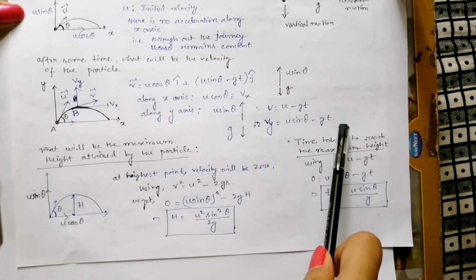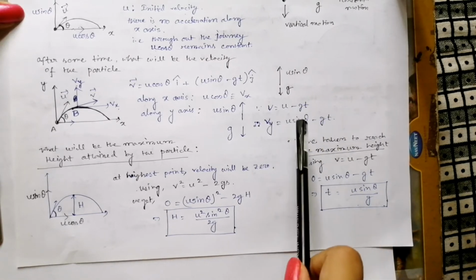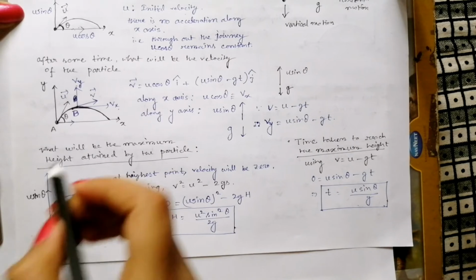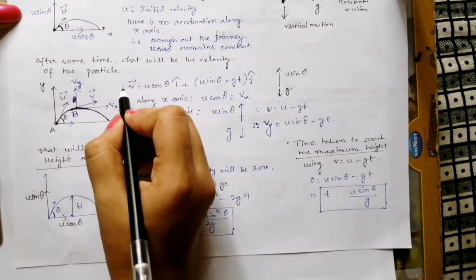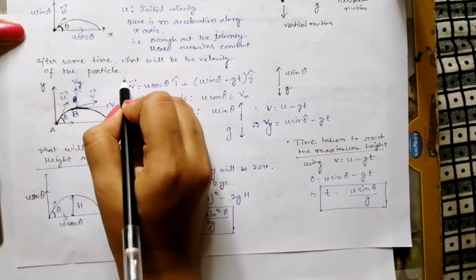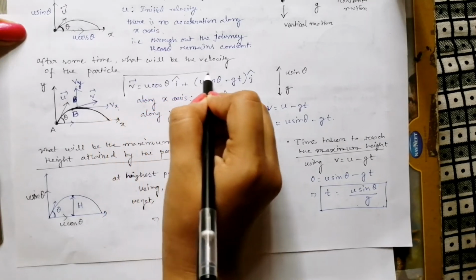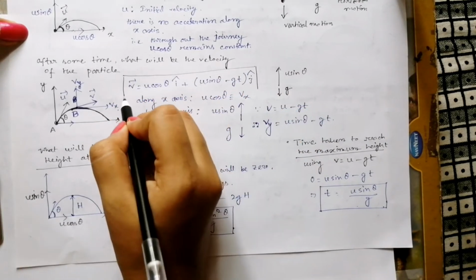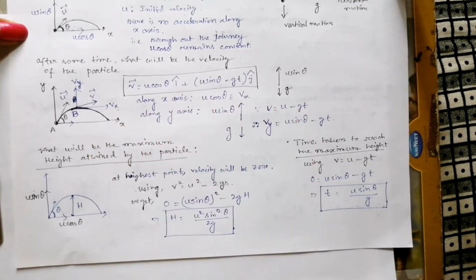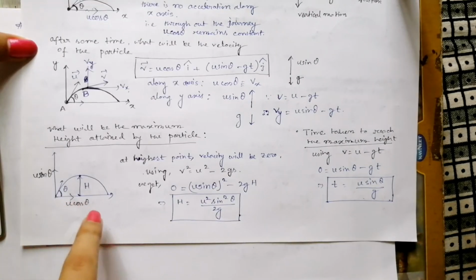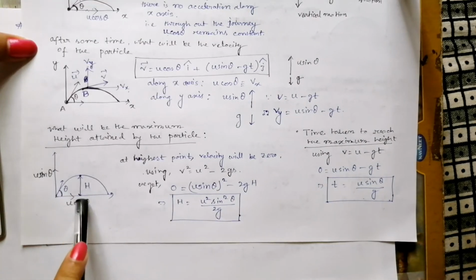So vy is u sin theta minus gt. In vector form I have written this: after some time t, the velocity of the particle will be u cos theta i cap and u sin theta minus gt j cap.